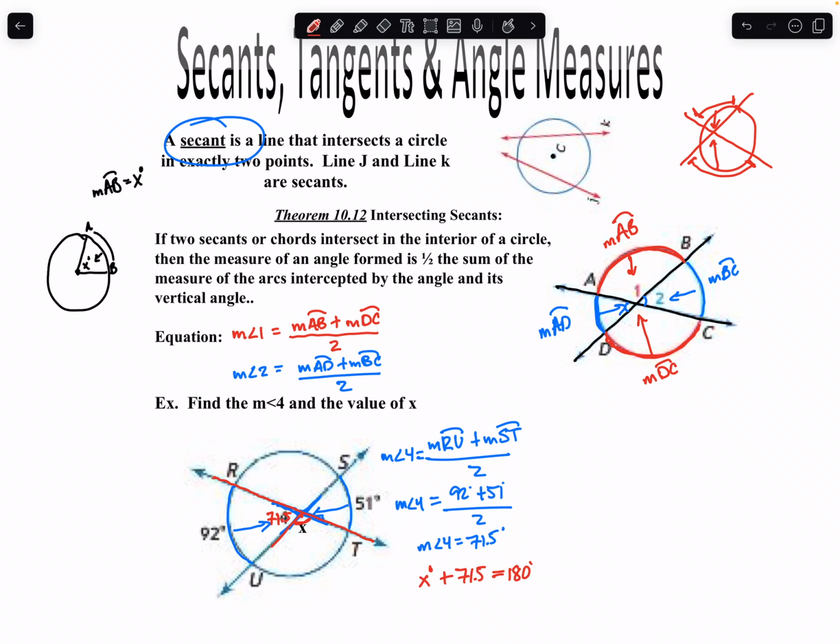So we subtract 71.5 from both sides, and x should equal 108.5 degrees. Vertical to it is also 108.5 degrees. Vertical angles are always congruent. So this is what we do when the secants intersect somewhere inside the circle.